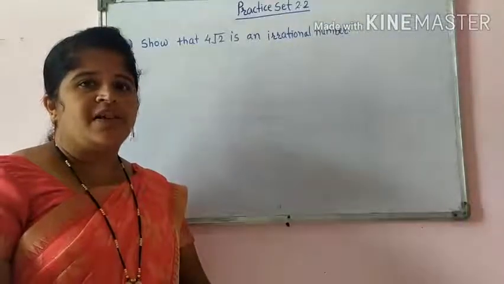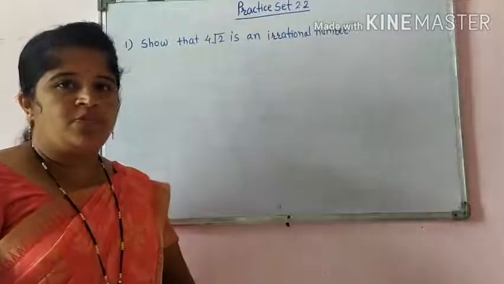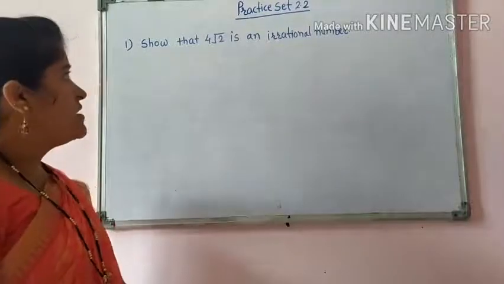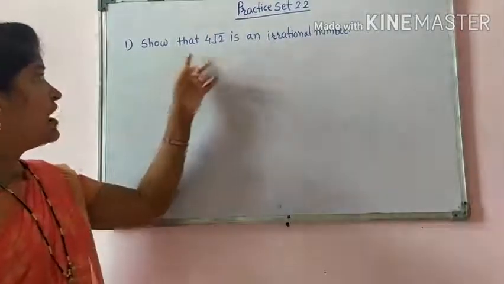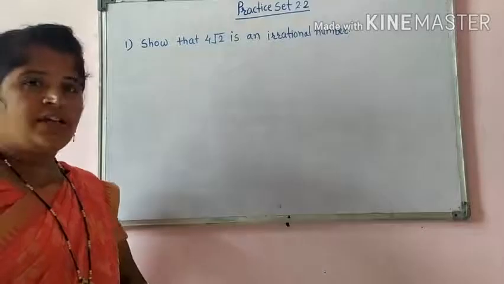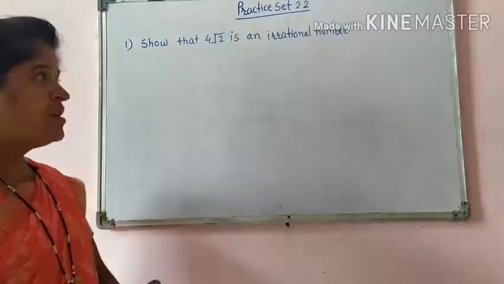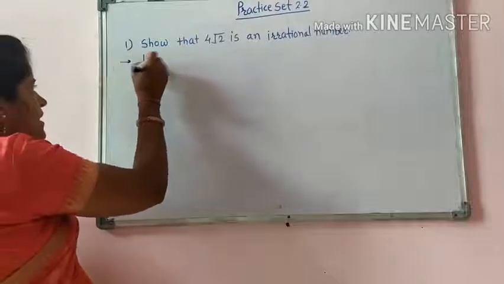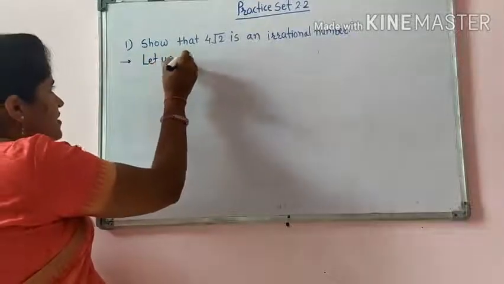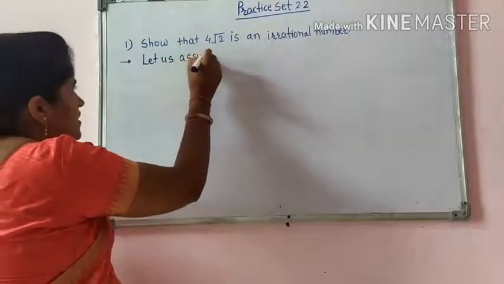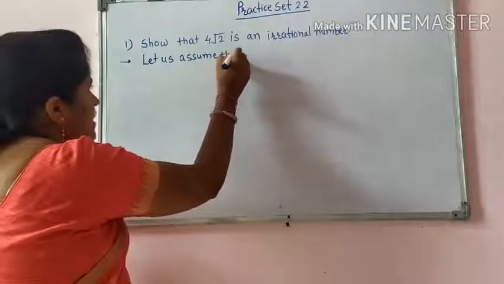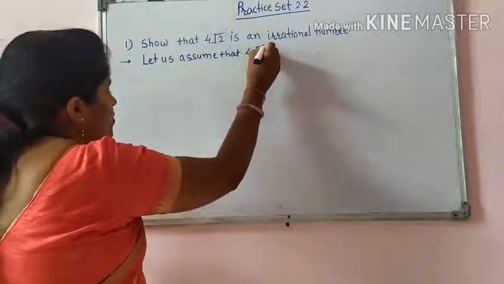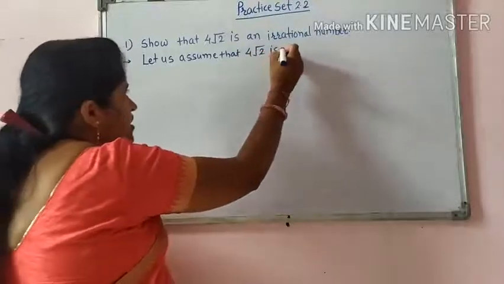Now let us solve some examples from practice set 2.2. First example is: show that 4 root 2 is an irrational number. So for this one, let us assume that 4 root 2 is a rational number.